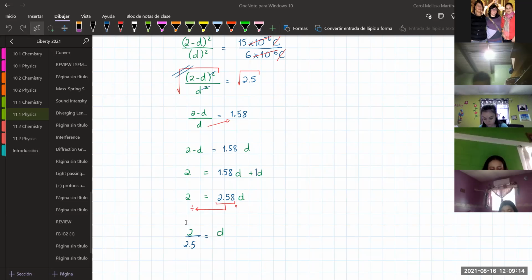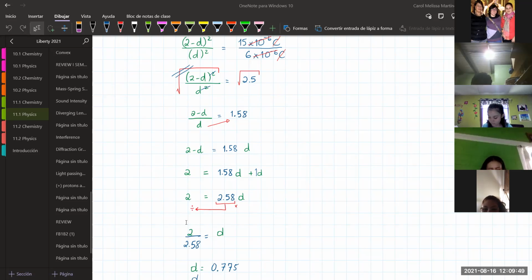How much is d? 0.77, sorry, I missed the 8. How much is this? 0.775. You can round it to 0.78, okay? So d is equal to 0.78 rounded.